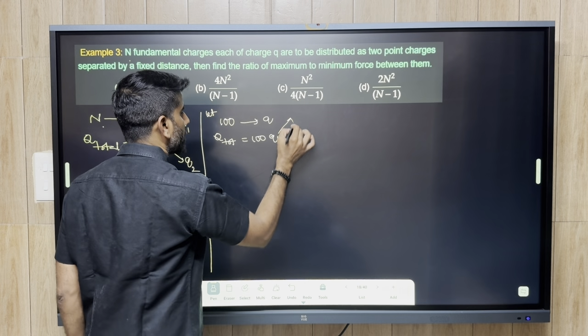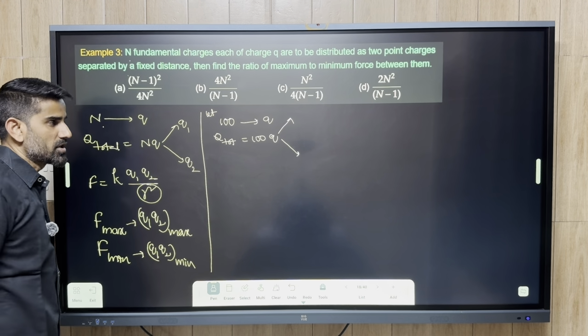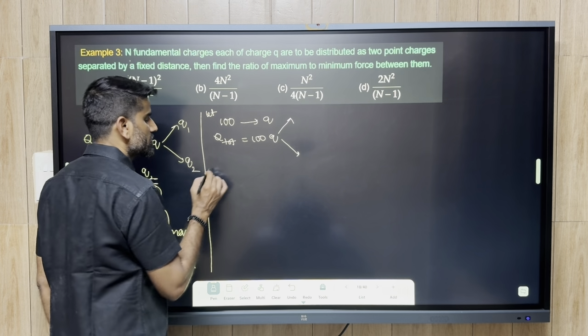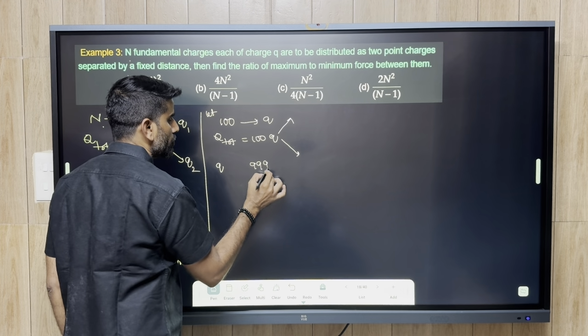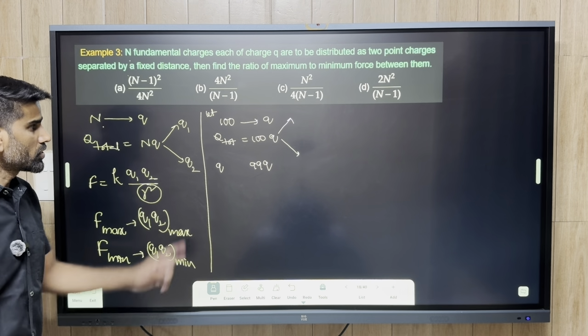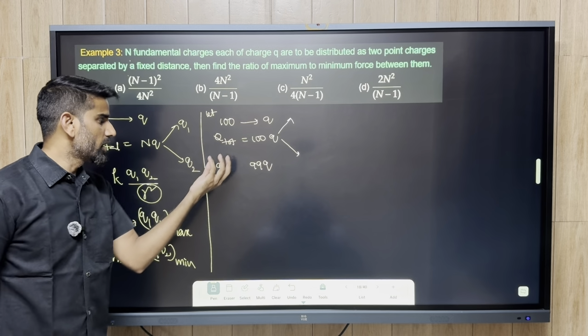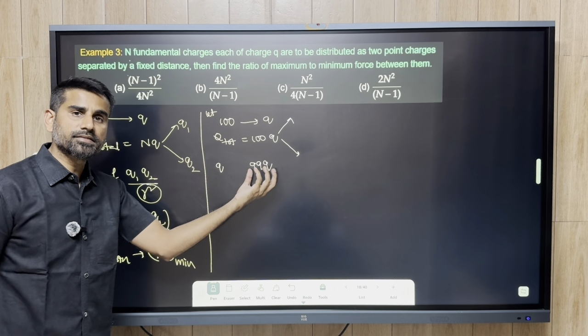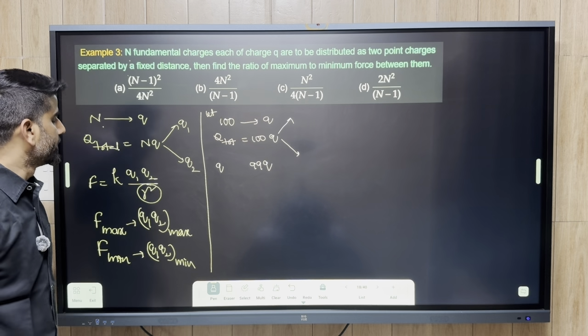I have to divide this charge into two parts, one to acquire the maximum charge and the other the minimum. Let's say the first division I have made is q and 99q. The total charge is 100q only.